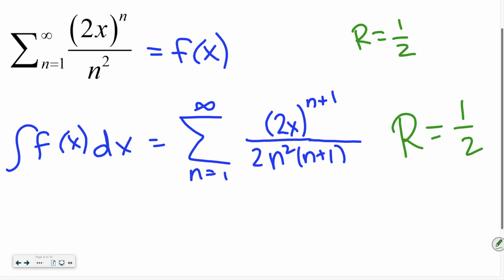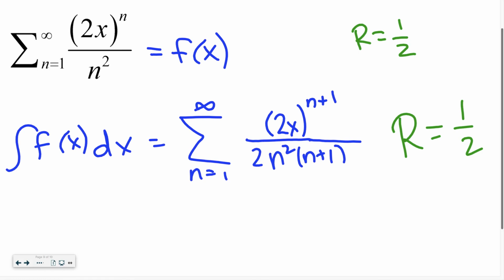Would you like to take either one of those and check the endpoints? Let's pick one together. You want to do this one? Okay. So if x equals -1/2, what's 2 times -1/2?